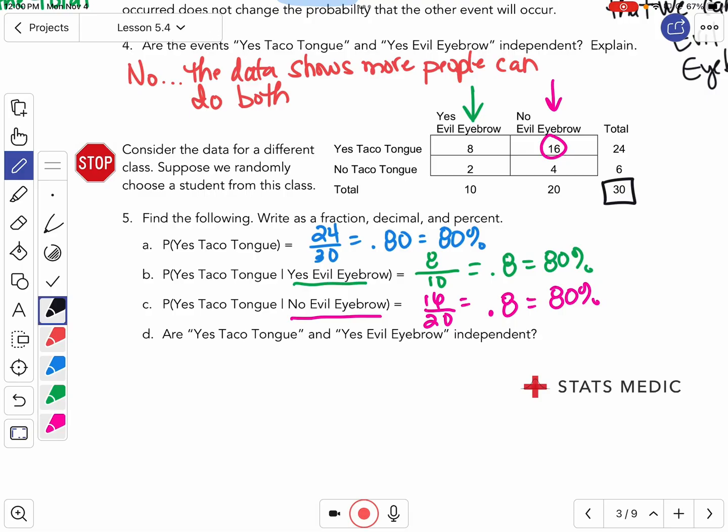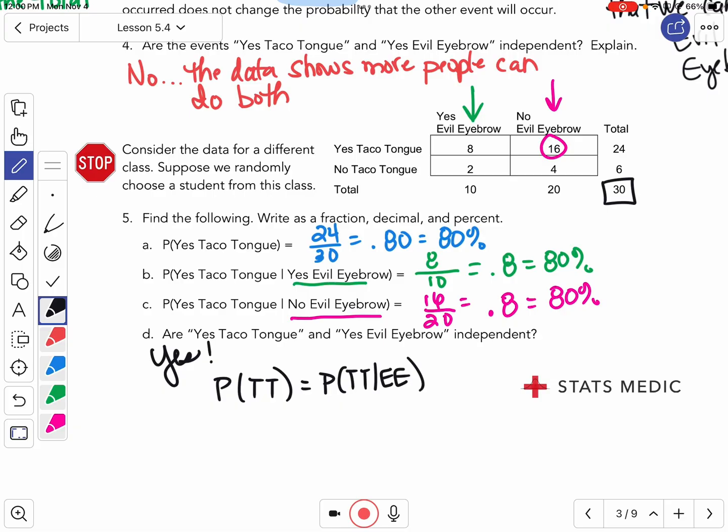I'm going to say yes. Let me show you why. There are three probabilities that they have us look at. First, the probability that we could do the taco tongue has to equal the probability that I can do yes and yes, so taco tongue given evil eyebrow.